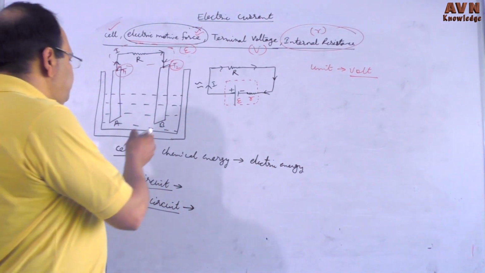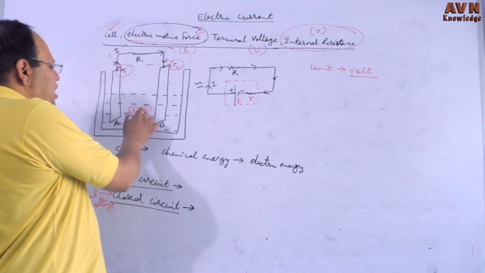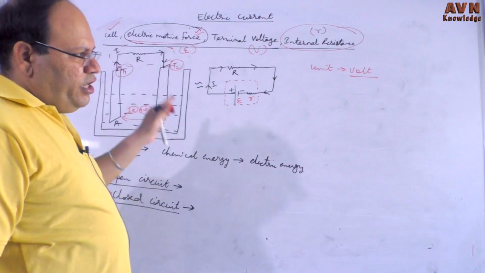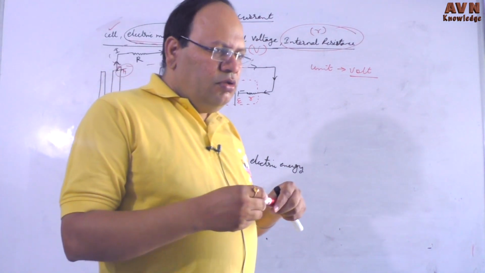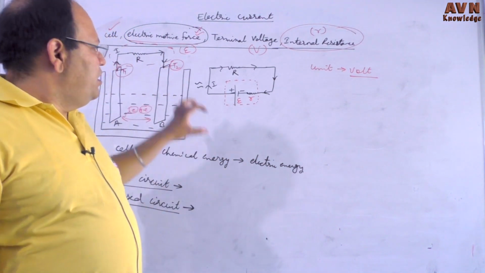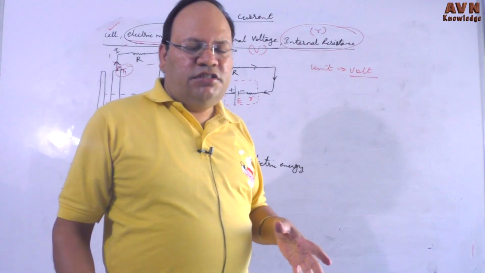Charges move from anode to cathode or cathode to anode, and the resistance between these ions in the electrolyte is called the internal resistance.